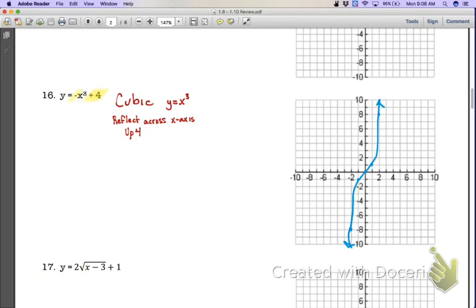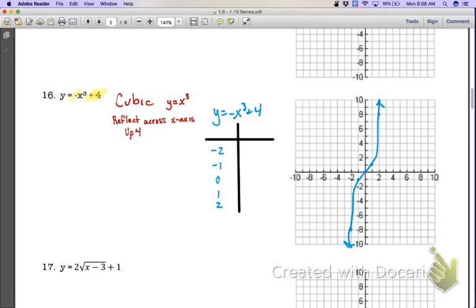If you need to, run a table or plug it into a graphing calculator and figure out, okay, if I have y equals negative x to the third plus 4, and I need to plug in negative 2, negative 1, 0, 1, and 2, then do that. There's nothing wrong with that.